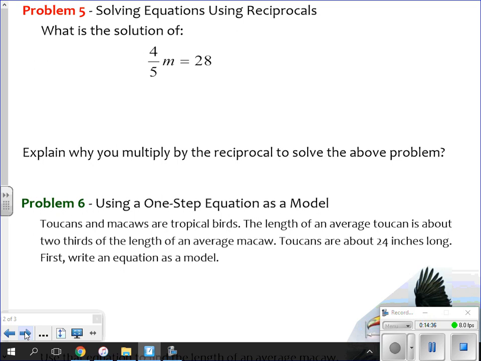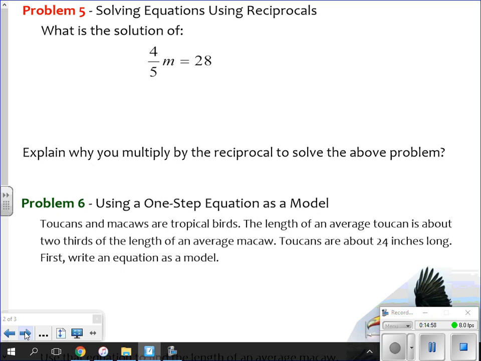Okay, that's my goal. So I want to get rid of the fraction out in front. I talked about this a few weeks ago when we started working with fractions. What do we multiply by to get 1? We multiply by the reciprocal. A number times its reciprocal will give me 1.